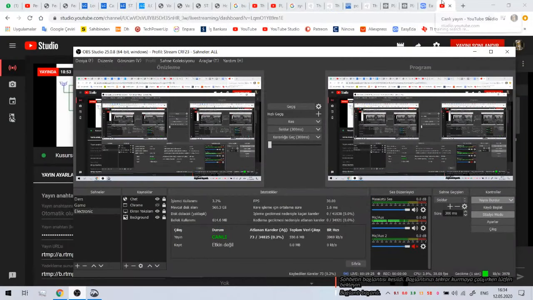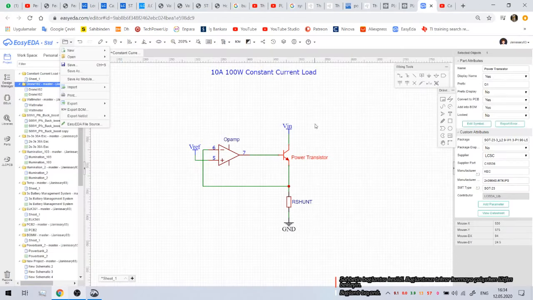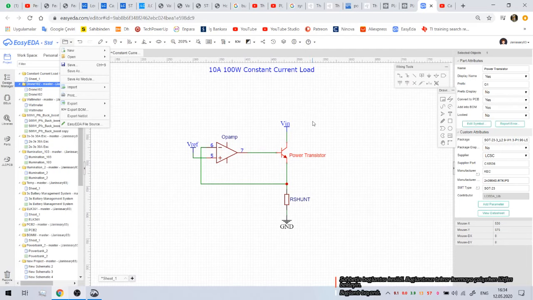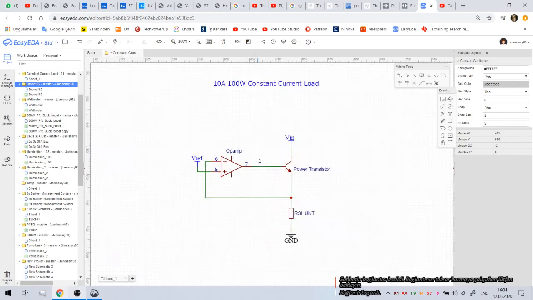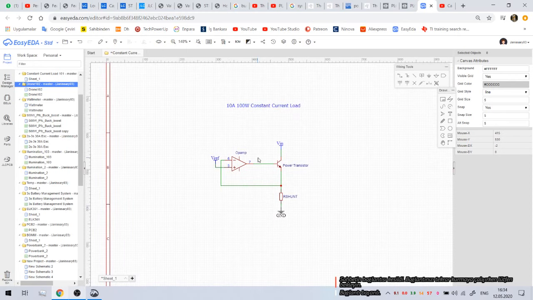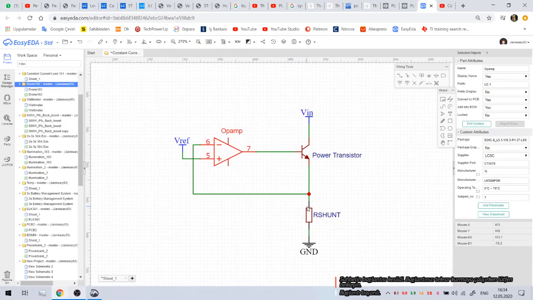We are again here. We need one power transistor and one op-amp and one R shunt, but this is not enough, because this is the basic configuration.